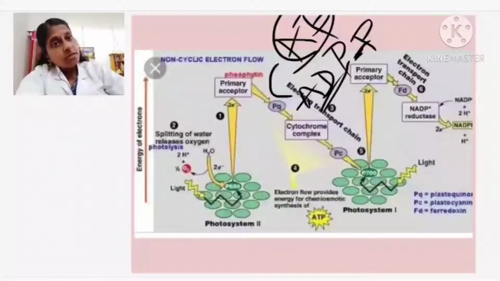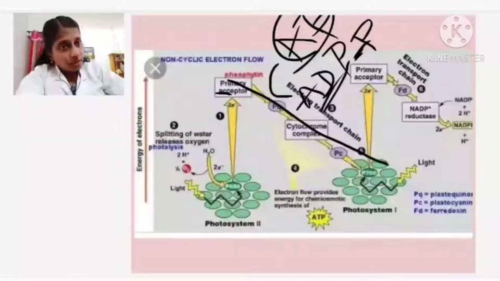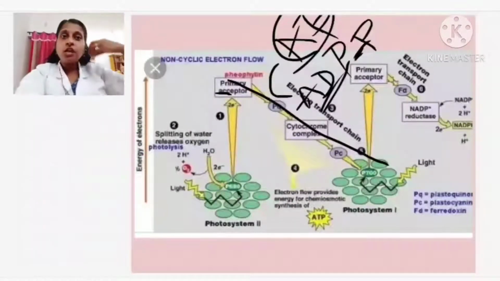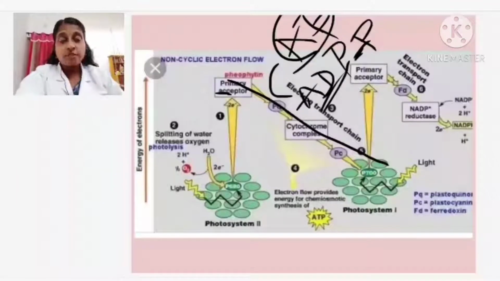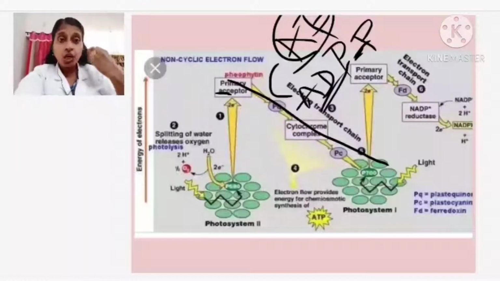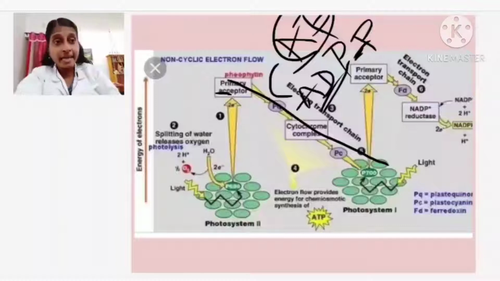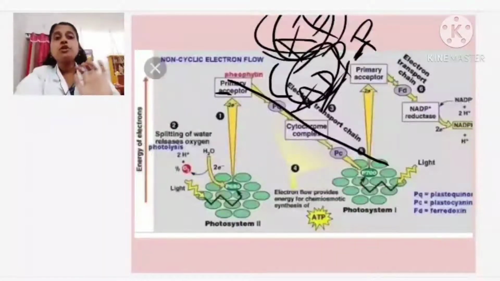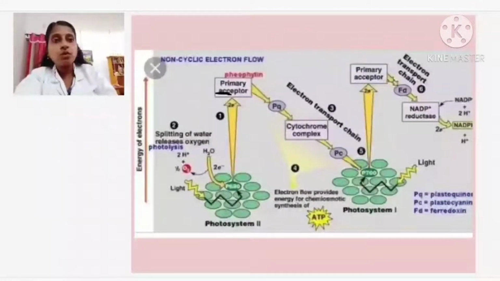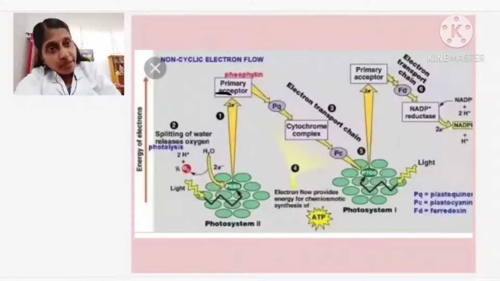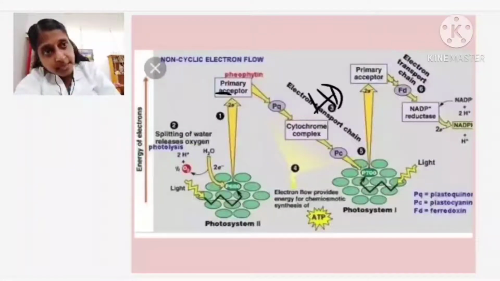How is it converted? When the electrons are passing downhill, you can find they are coming down, actually they are losing a lot of energy. The energy which is being lost is used by ADP to get converted into what? ATP. So here what is taking place? ADP is getting converted into ATP.